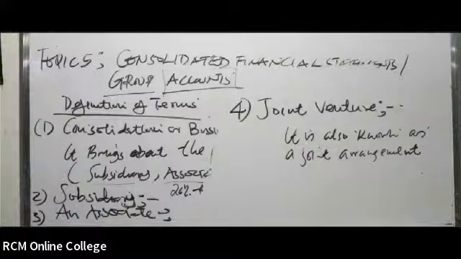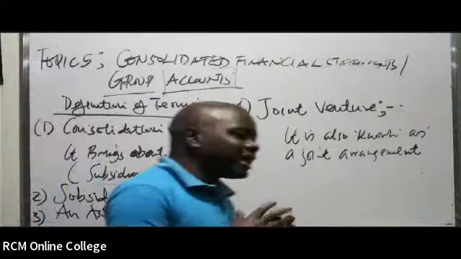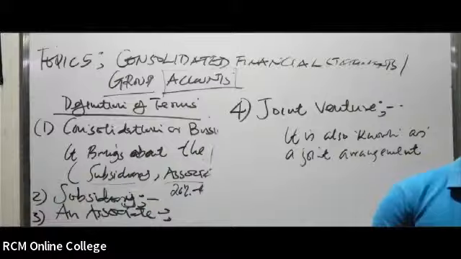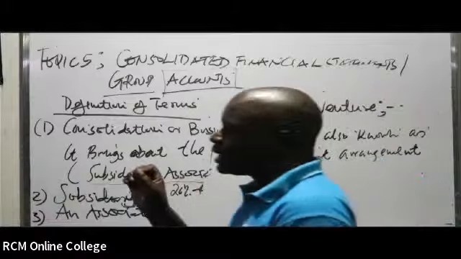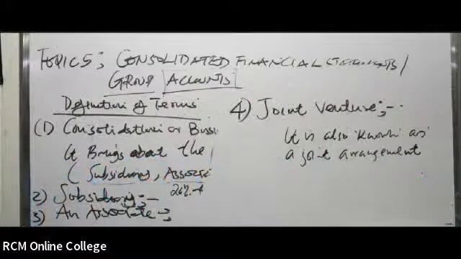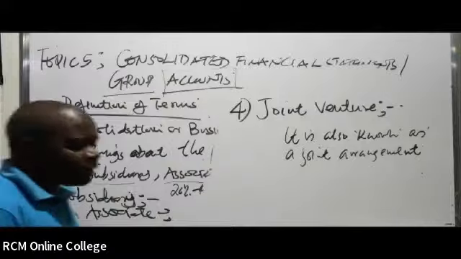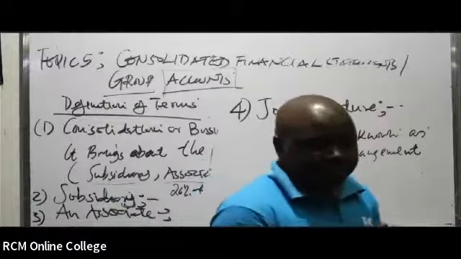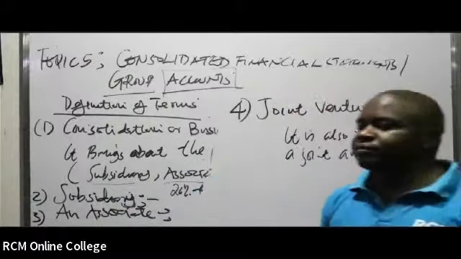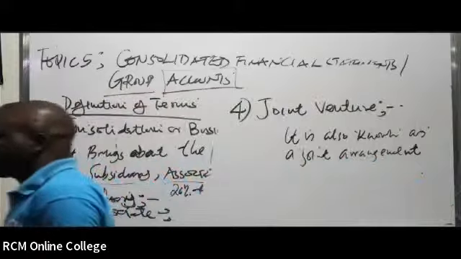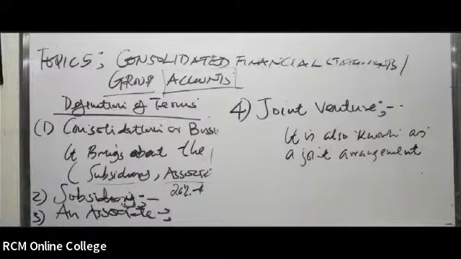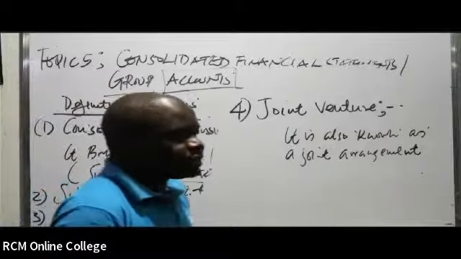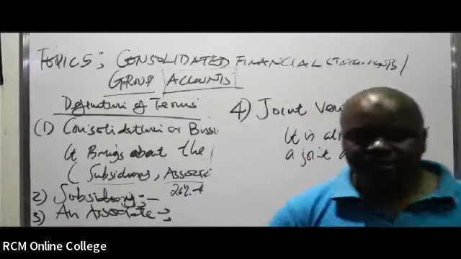So remember, when you talk about a subsidiary, it is more than 50%. You need to underline in the subsidiary definition that more than 50%. But when you talk about a joint venture, it is exactly 50%.